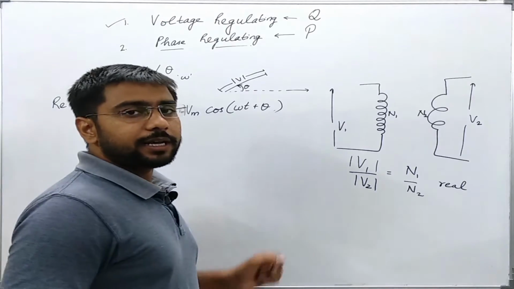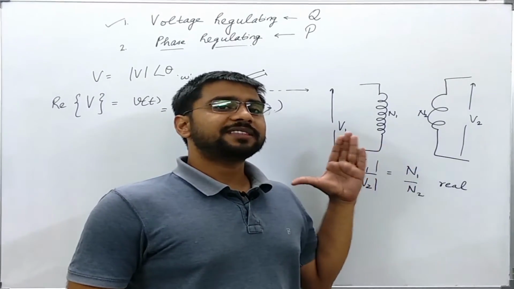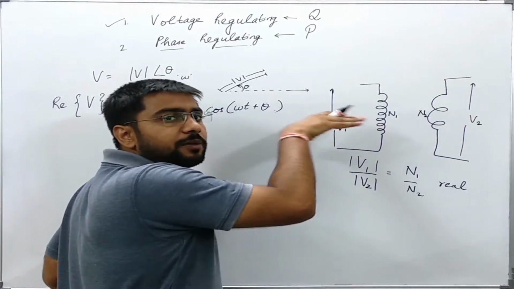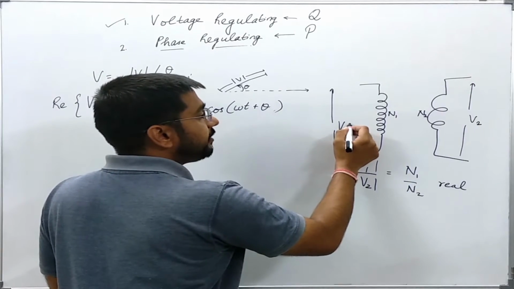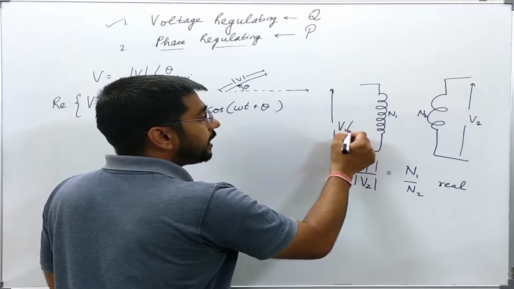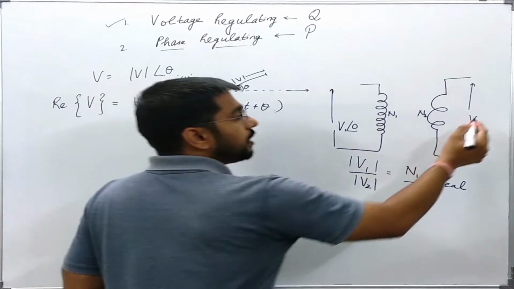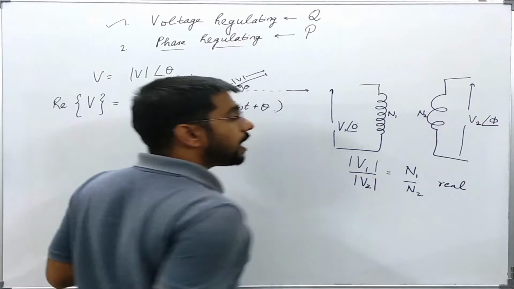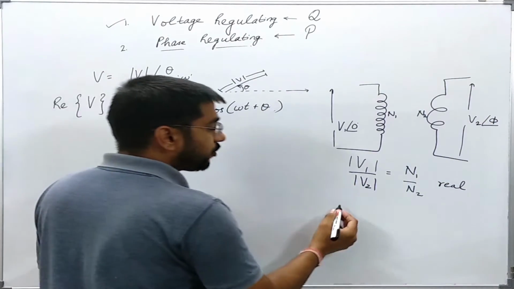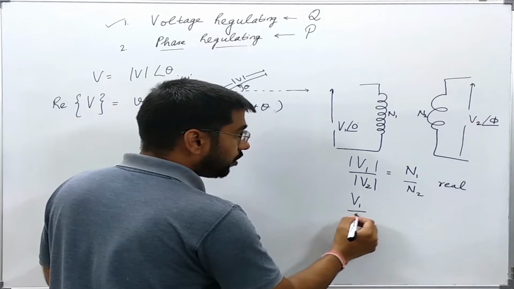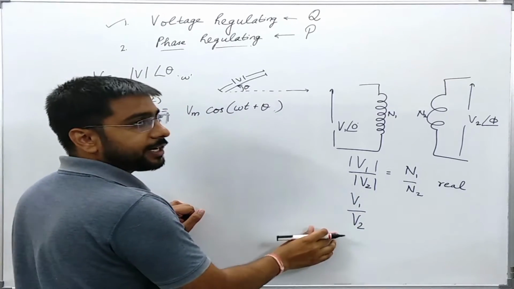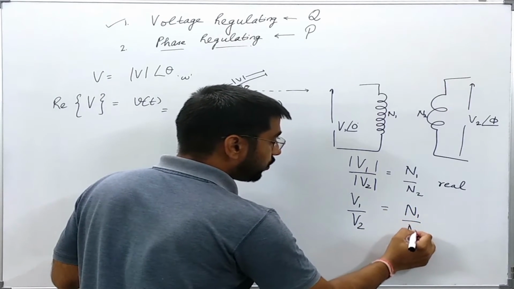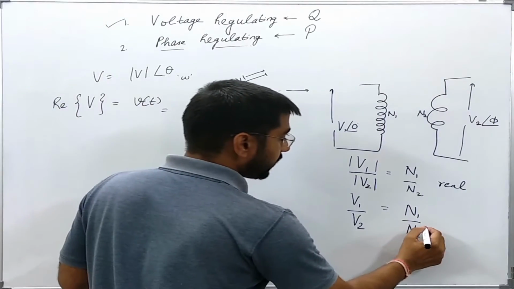Now, what will happen and how will I show it mathematically if this transformer is giving some phase modification also? Let us say if this V is the phasor quantity, let us say it is at 0 angle. Now the transformer has also introduced a phase difference, let us say phi. Then how will I show this? Now the transformer ratio V1 over V2, these two being phasor quantities, not the magnitudes, can be shown as N1 over N2 angle phi.